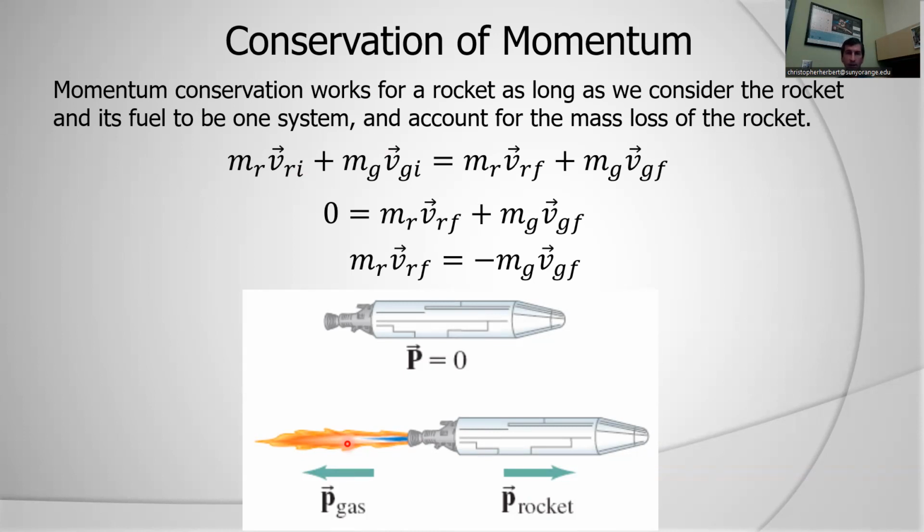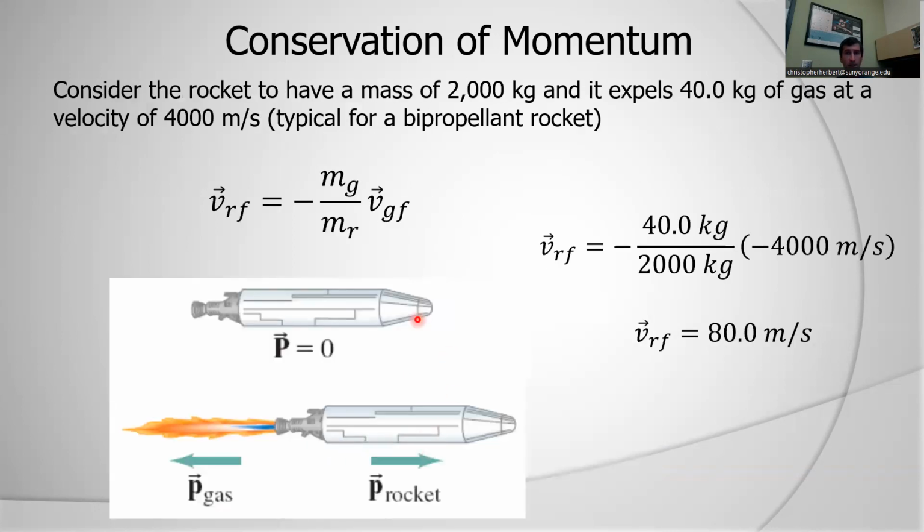So what we try to do is create a very, very hot gas, which is going to have a very, very high velocity. In this particular case, I'm going to use a bipropellant gas. Maybe I'm using hydrolox, hydrogen and oxygen, which give off about 4,000 meters per second exhaust velocity.